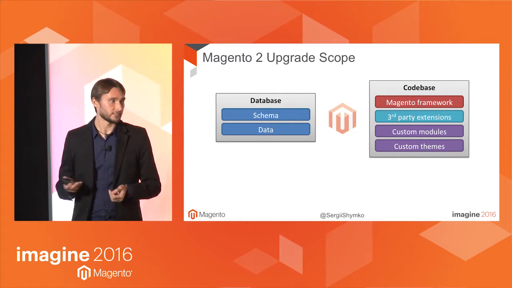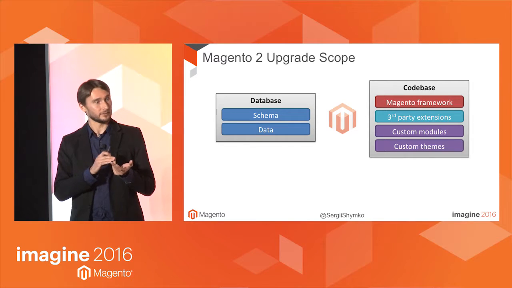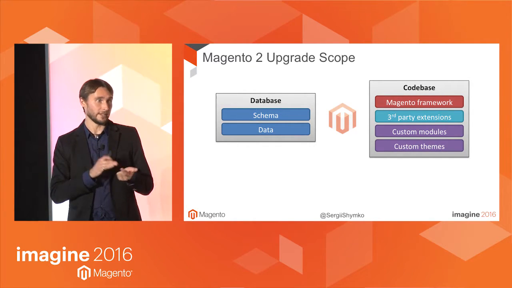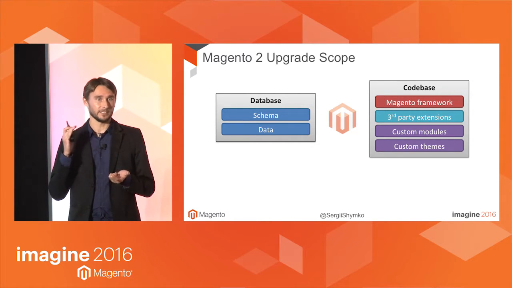Code migration consists of migrating your Magento framework and native modules, third-party extensions that you probably have in your installation, and then your custom modules and custom themes. That's all included in code-based migration.